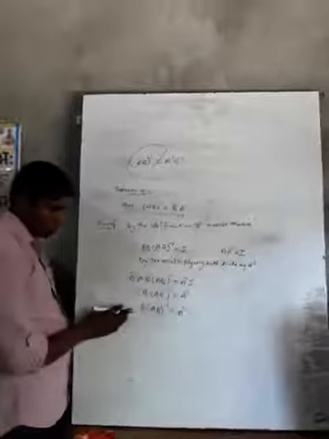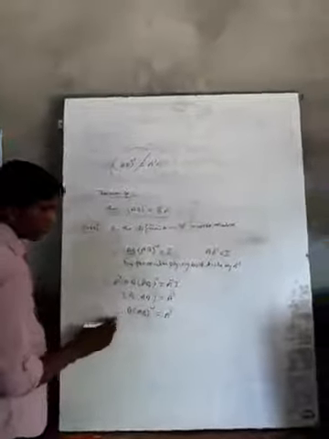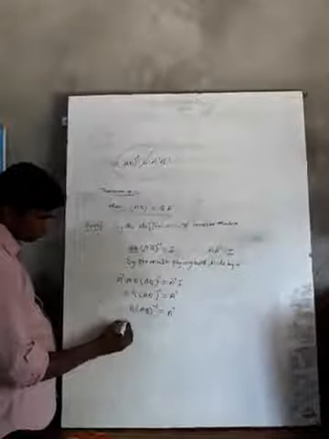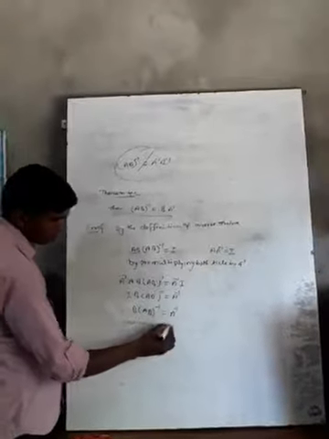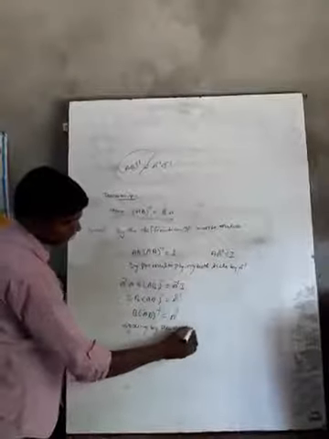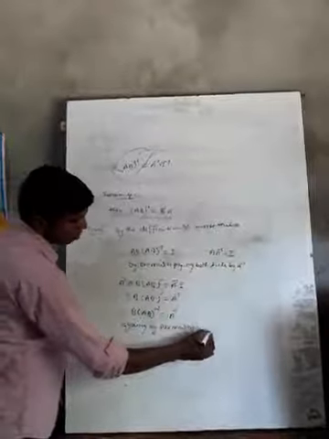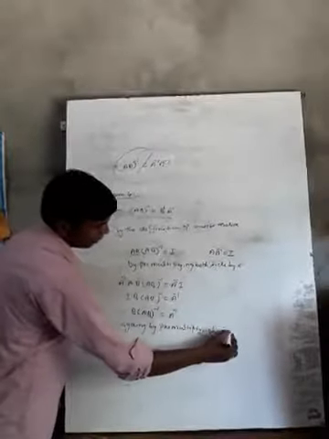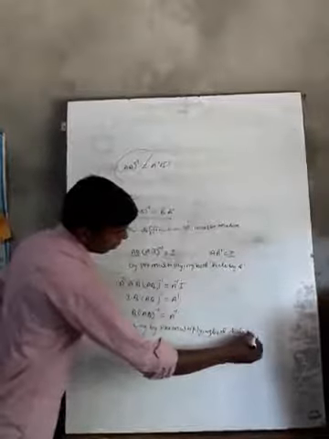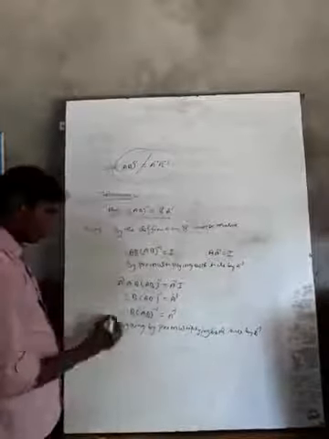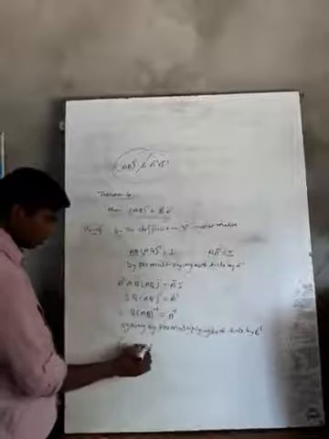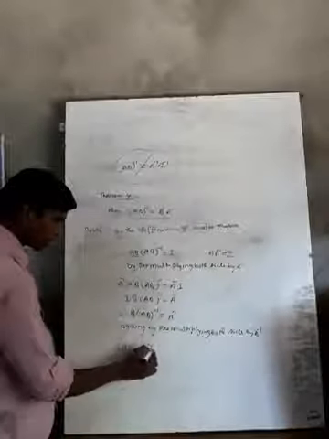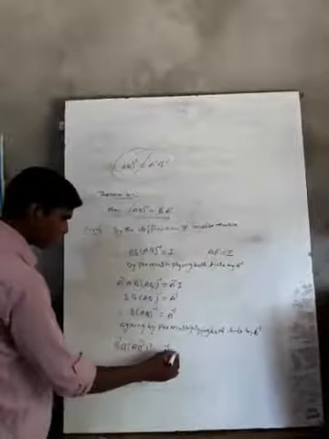Now again we pre-multiply both sides by B inverse. It will be written as B inverse B (AB) inverse equal to B inverse A inverse.